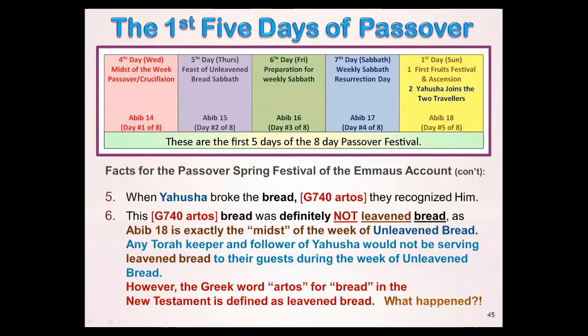And any Torah keeper and follower of Yahusha would not be serving leavened bread to their guests during the week of unleavened bread. You can be sure about that. In fact, I bet you there wasn't any leavened bread in all of Israel. However, the Greek word artos for bread is used here in the New Testament. And we all know that that was defined as leavened bread. So what in the world happened here?